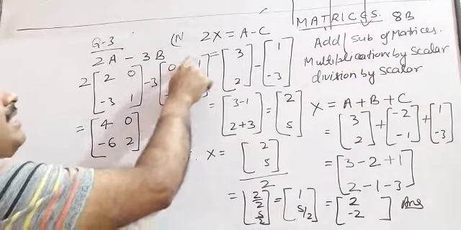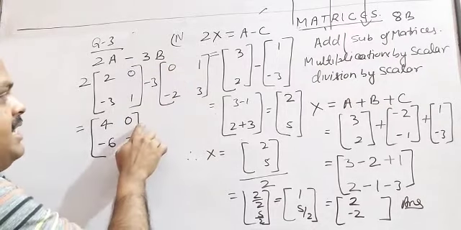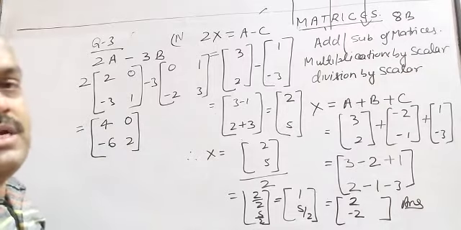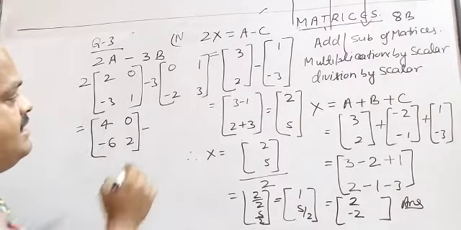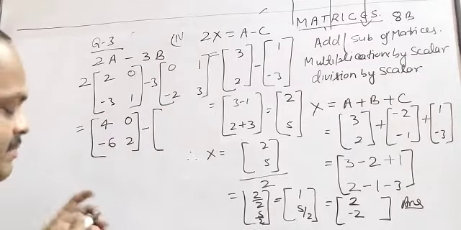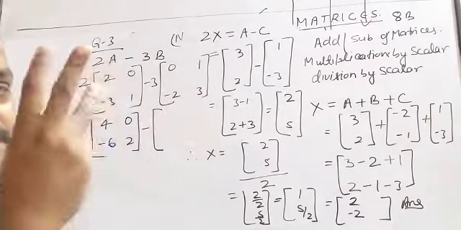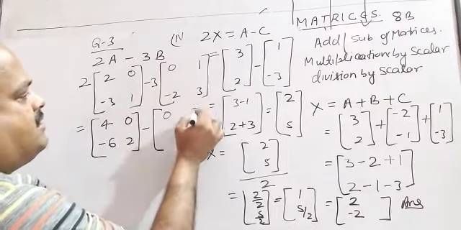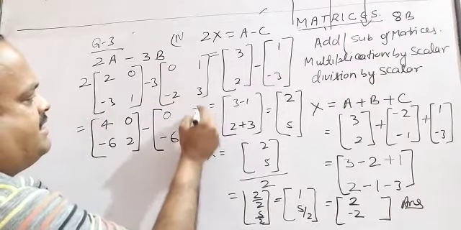If you multiply the elements of this matrix by minus 3, then here you will have to write the symbol of addition, or let it be subtraction minus, and we multiply every element by 3. I am multiplying every element by 3, not by minus 3. So 3 into 0, 0, 3 into 1, 3, 3 into minus 2, minus 6, 3 into 3, 9.